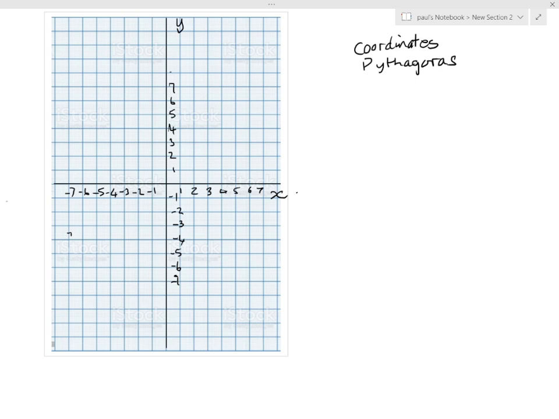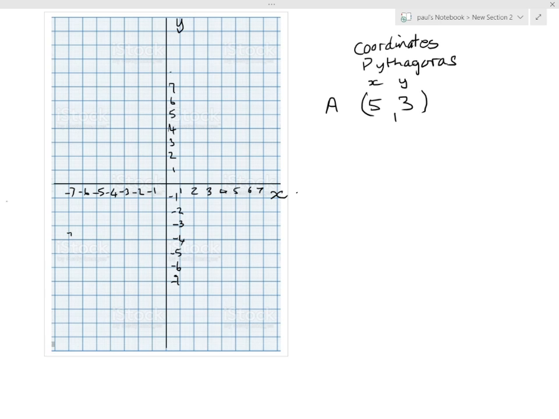Okay, so coordinates are written like this. So we do coordinate A, and they're written in a bracket with two numbers, and the first number represents the x value and the second number represents the y value.